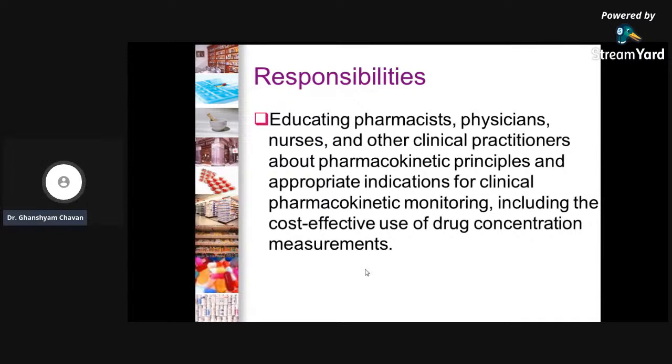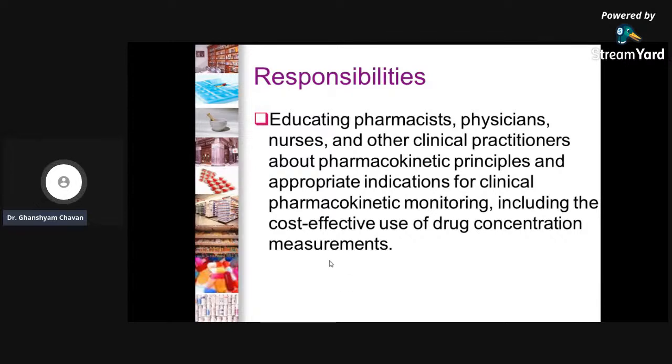He must tell them regarding the protocol, the information, the therapy, and if he has decided that for these patients a certain parameter will be followed. So he can educate and guide the nursing staff, the physician, and the consultant regarding their treatments.